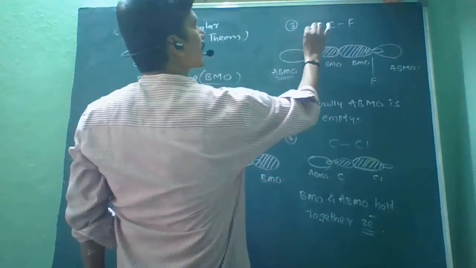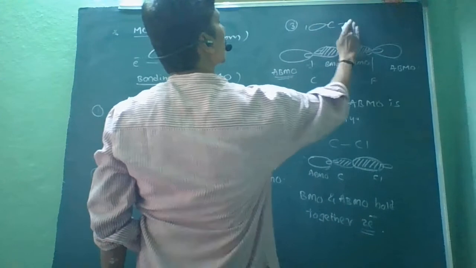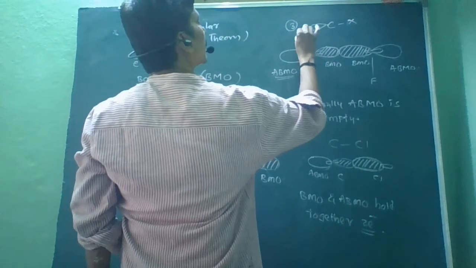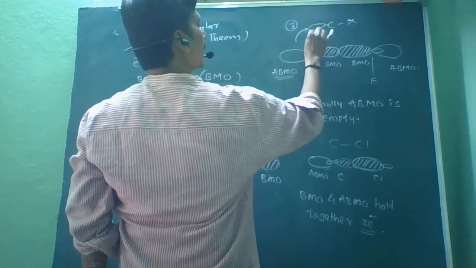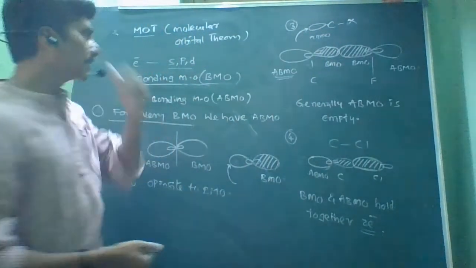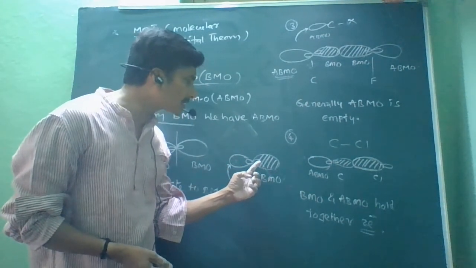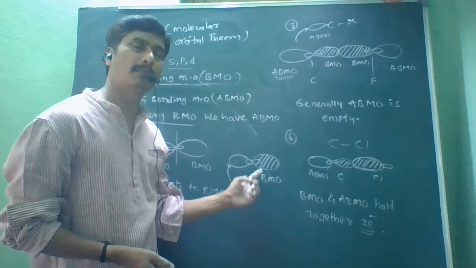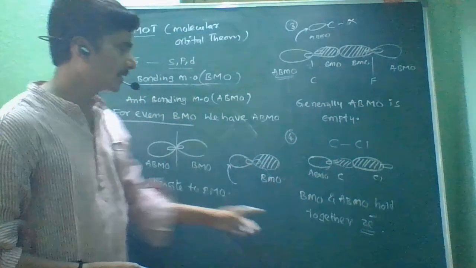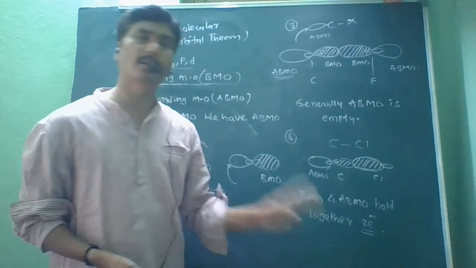For example, if these electrons enter into this anti-bonding orbital of carbon, if electron density is increased on this ABMO, then there is only one possibility: the electrons present in the bonding molecular orbital go out, because the bonding molecular orbital and anti-bonding molecular orbital hold together only two electrons.